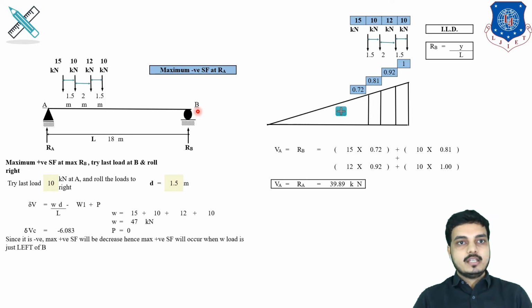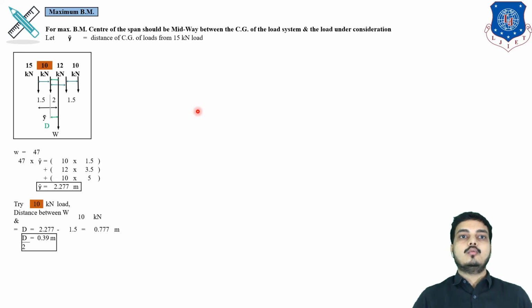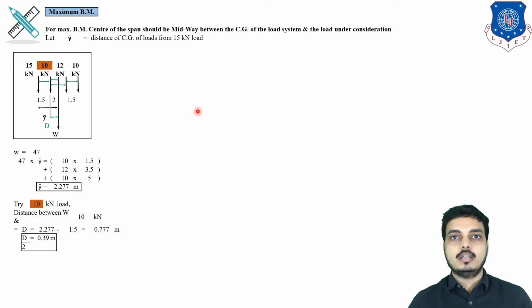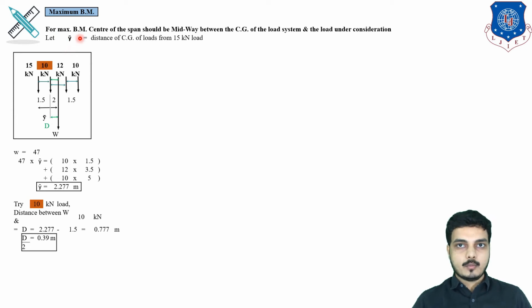Now after finding shear force, we will move towards maximum bending moment. To find the maximum bending moment, it is a little tricky to find where the loading should be. Here it has been written that for maximum bending moment, the center of the span should be midway between the CG of the loads.